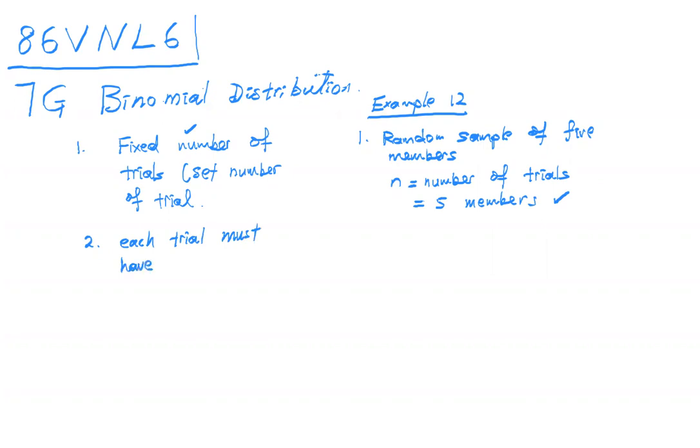Must have how many outcomes? 2 outcomes. Correct? One is called success. The other one is called failure. So this is a general.